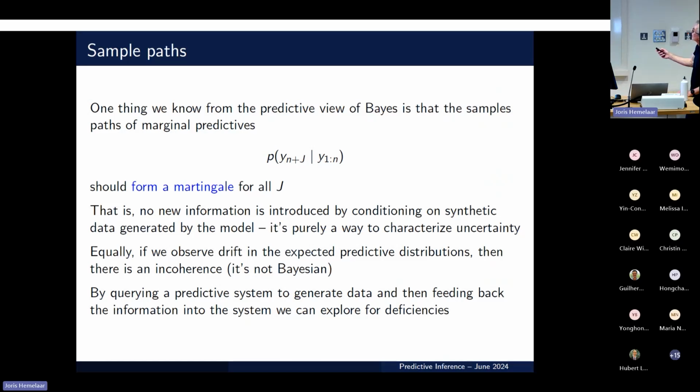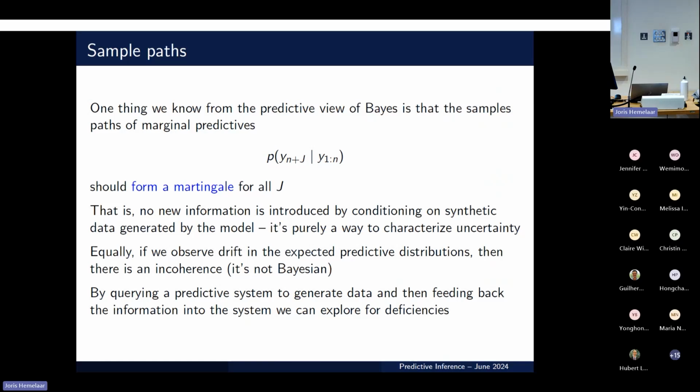One thing we know about running that predictive machine for a Bayesian model is something called a martingale, which essentially says, imagine this Excel data table. I've got n samples.